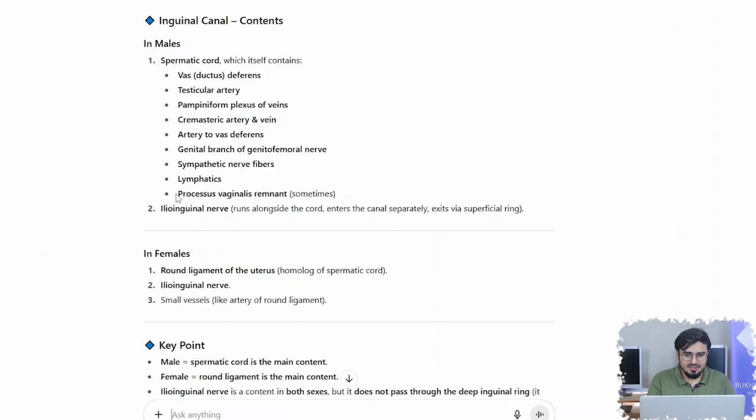I have talked about the processus vaginalis. Let's say if a patient does not have obliteration of processus vaginalis, this inguinal canal might have processus vaginalis intact with fluid inside its two layers that may allow formation of hernias. It's normally present in newborns, but it gets obliterated as they grow.